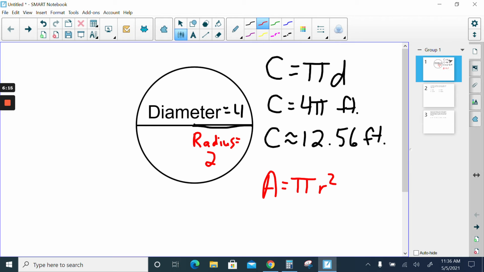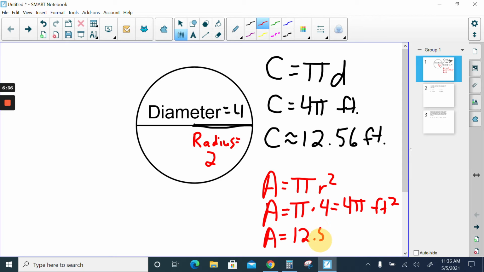And this was a very easy one to use because 2 squared is just 4. So this, once again, gives me 4 pi feet squared, also known as, since it's the same number here, very convenient, 12.56 feet squared.